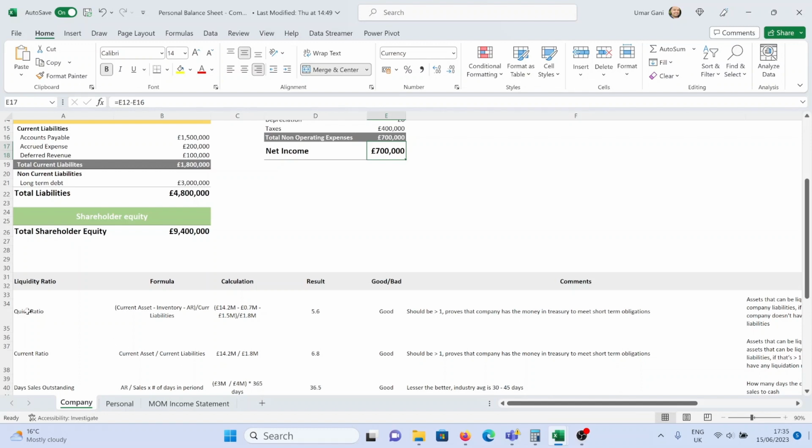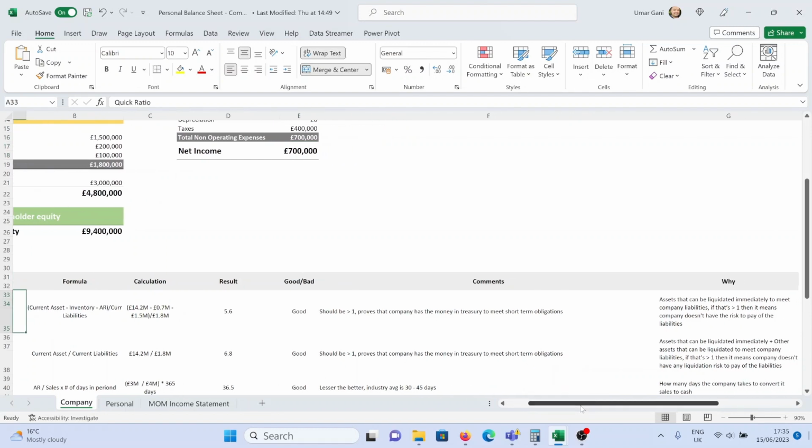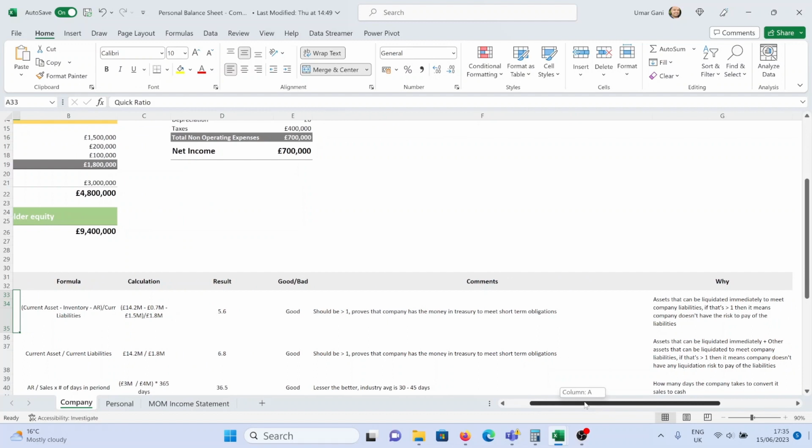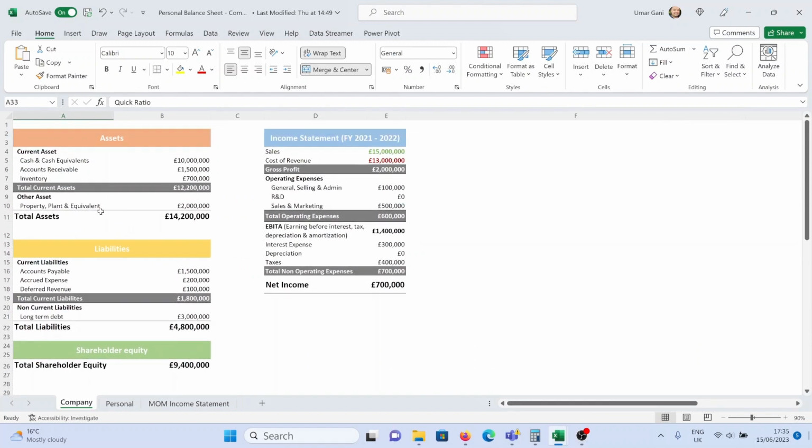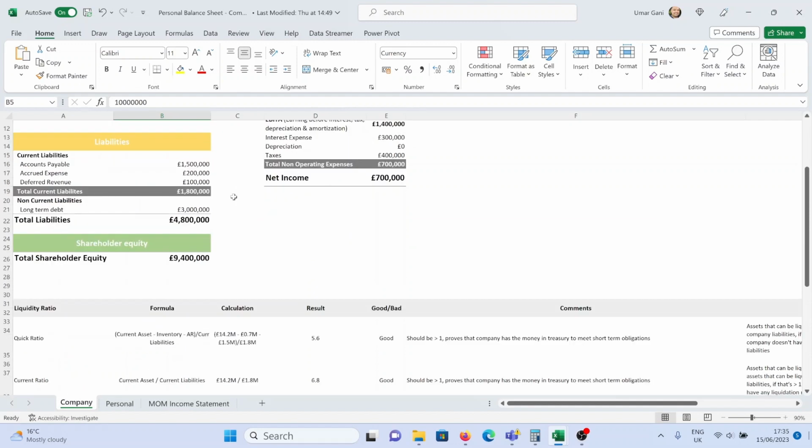Number one is the quick ratio. Basically, how much of our assets can we liquidate immediately to meet the company liabilities? So you see on the top here, these are liquidated immediately, the total current assets.